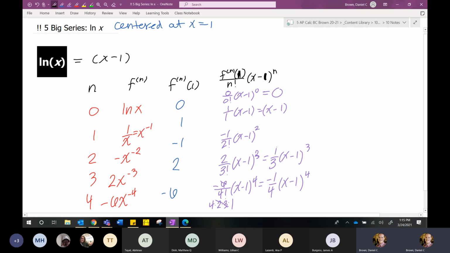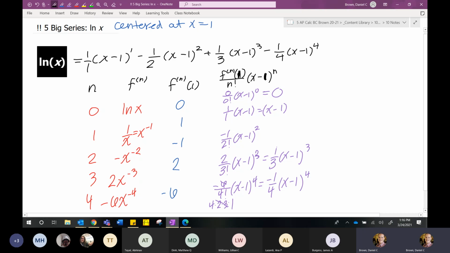I'm going to think about it as 1 over 1, x minus 1 to the 1st, minus 1 over 2, x minus 1 squared. Next term, positive 1/3, x minus 1 cubed. Next term, negative 1 over 4, x minus 1 to the 4th.